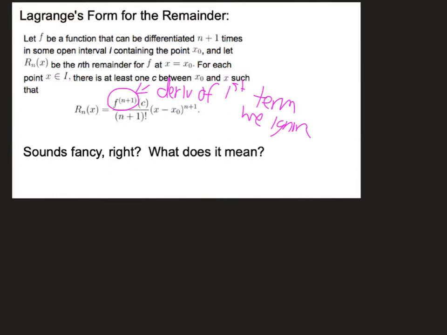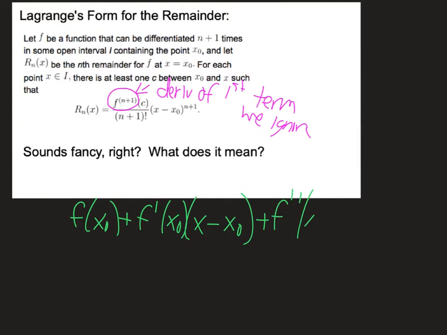So if we think about what a Taylor series looks like, it was f of x naught, plus f prime of x naught times x minus x naught, plus f double prime of x naught times x minus x naught squared over 2 factorial.